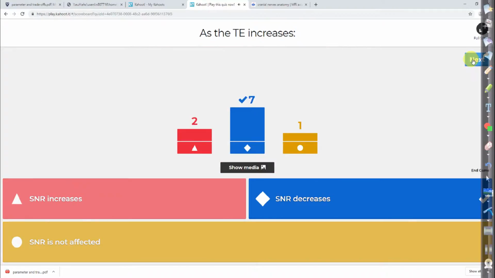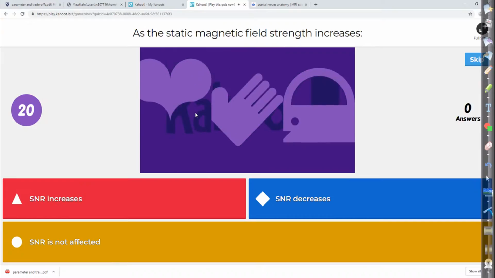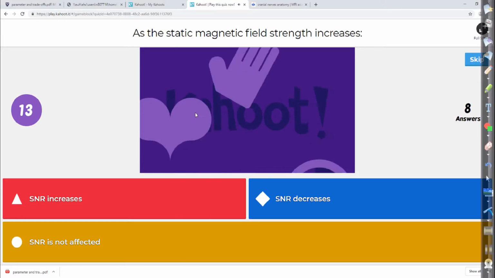All right. Static magnetic field, B sub 0. We go from a 1.5 to a 3 Tesla.